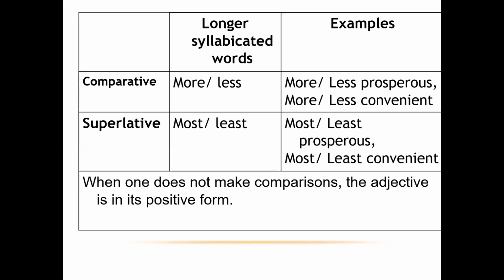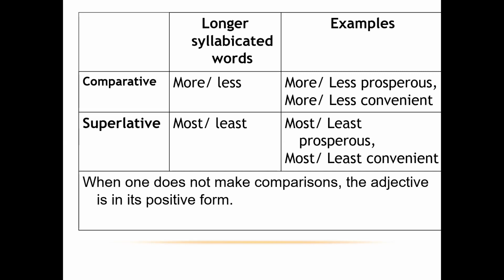Okay, longer syllabicated words. We add more, less, most, least. She is more prosperous. This is less convenient. Okay, we're just comparing two things.